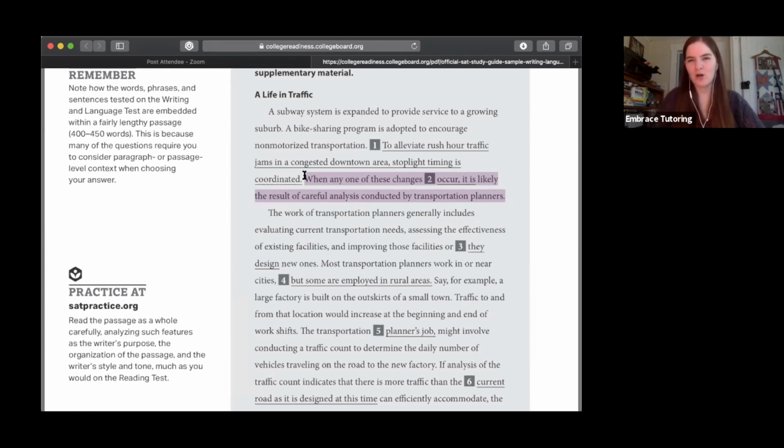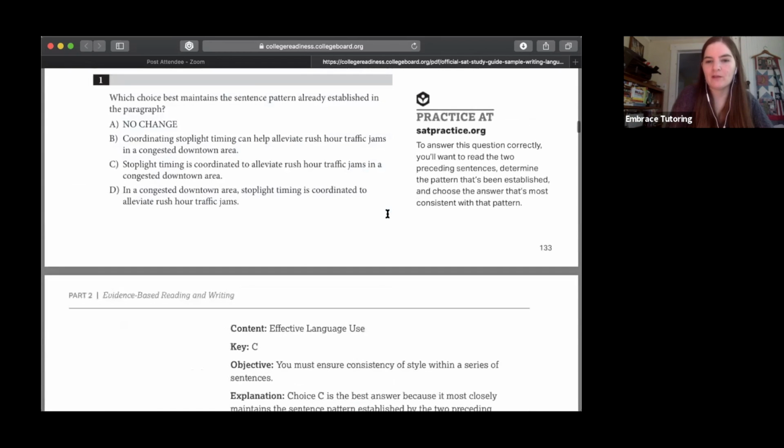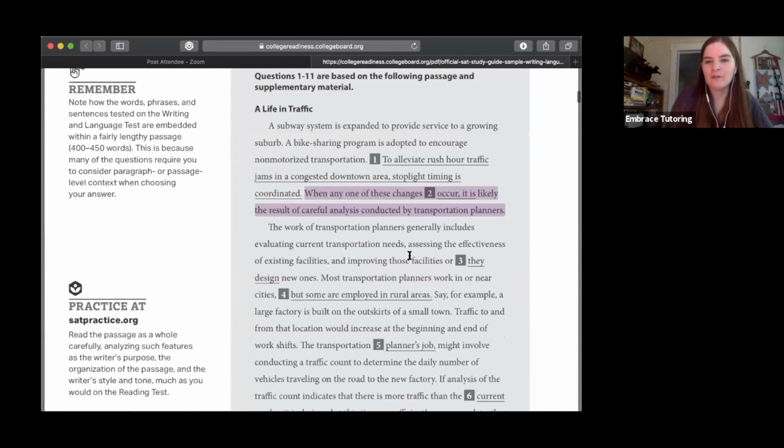Okay, so last time we were talking a little bit more about sentences, which we're going to continue with, as well as looking at some other grammar concepts. But this is the starting point when you're dealing with a question from the writing and language section: you have to not only look at what's underlined and what is being focused on, but at the very minimum, and usually it requires more reading than just a sentence, because you have to figure out, are we talking about ideas here?